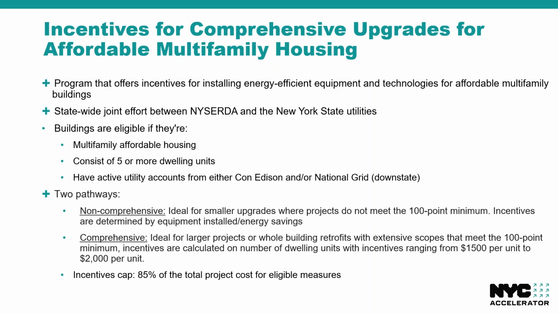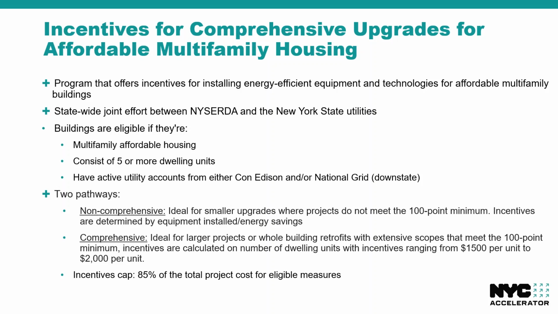And there are 2 pathways to go about that program, which is non-comprehensive versus comprehensive. The non-comprehensive pathway is ideal for smaller upgrades where projects don't meet the 100-point minimum, and incentives are determined by equipment installed as well as the energy savings.